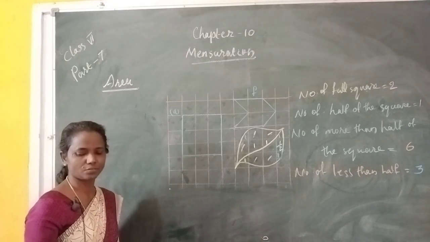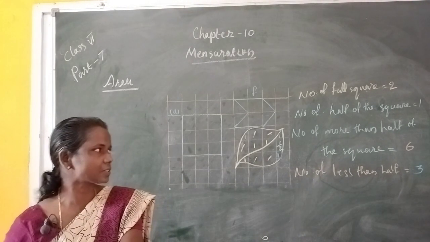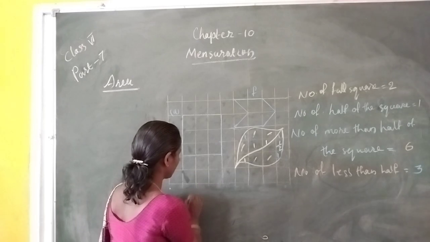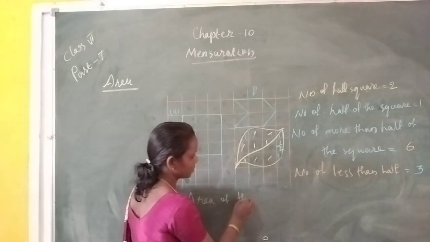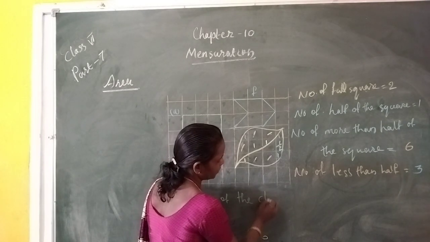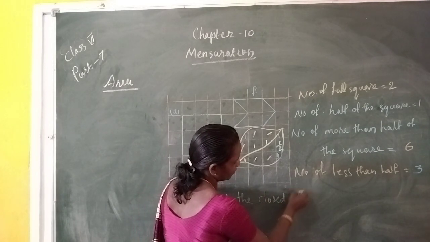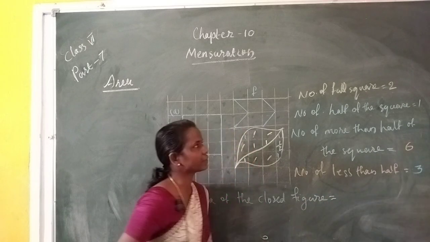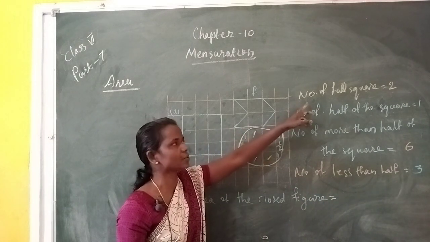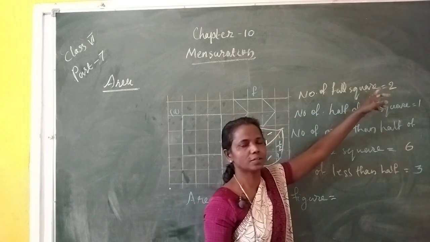So how do we find the area of this closed figure? The area of the closed figure is equal to, first, the number of full squares, which is 2.